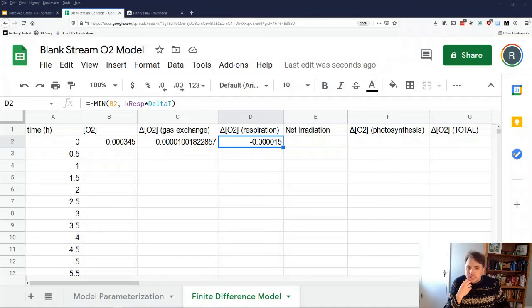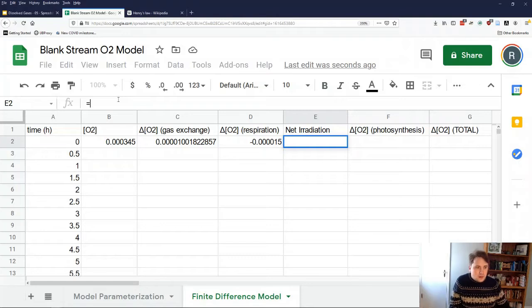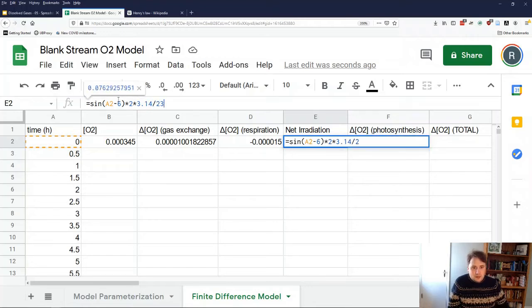You recall that we said that this was going to be equal to, let me just enlarge this real quick. The sine function that we were going to use was sine of the time, which is in A2, minus 6, that shifts it so that sunrise is at 6 a.m., times 2 times 3.14, that's 2 pi, divided by 24.